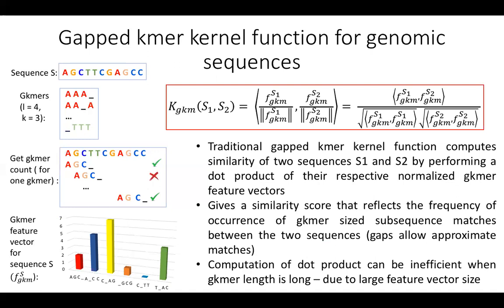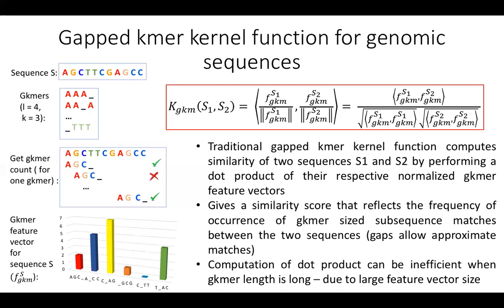One way to compute the similarity score is to find out how many subsequences they have in common. And that is the idea behind the gapped-kmer kernel, which essentially generates a set of subsequences of a fixed size and finds out how many of each there is in any given sequence, yielding a feature vector that characterizes the genomic sequence.